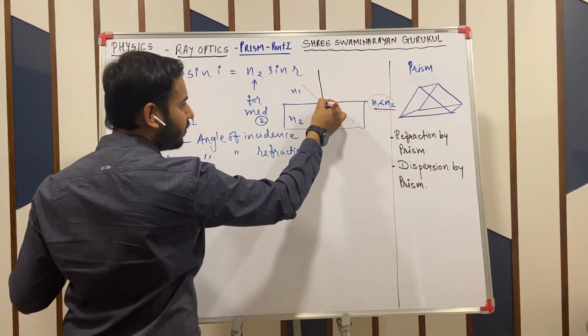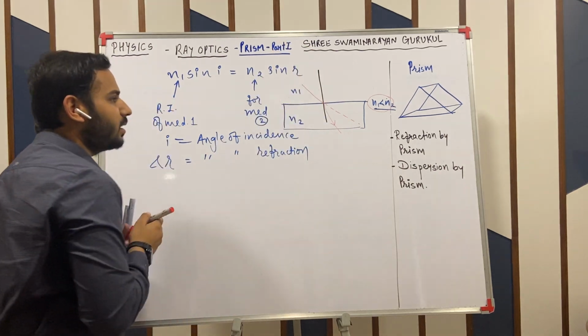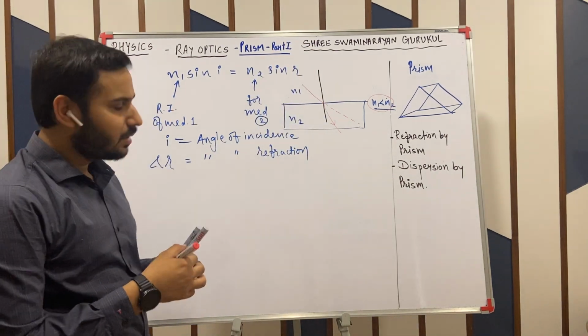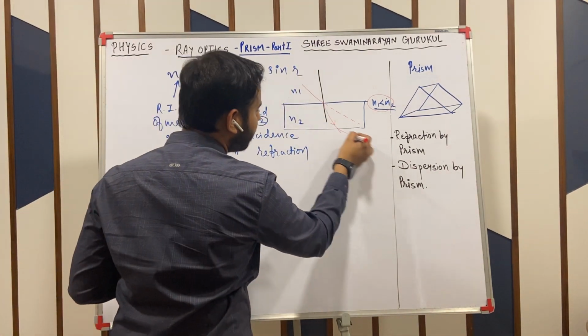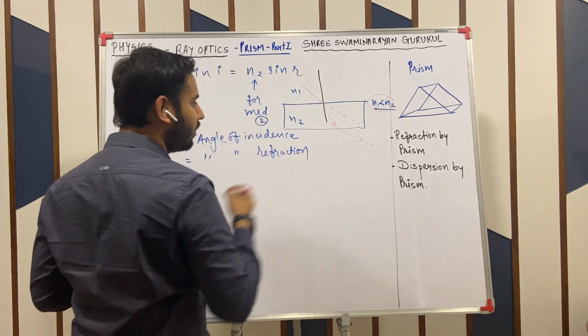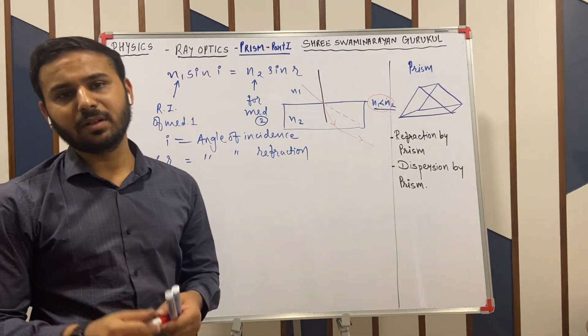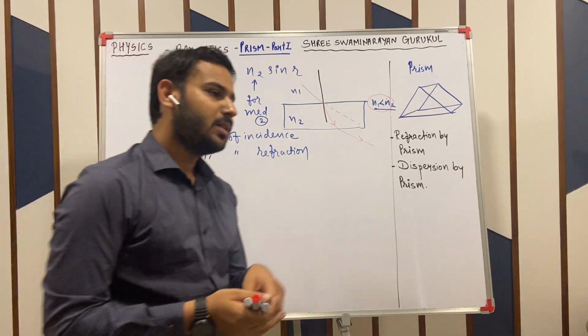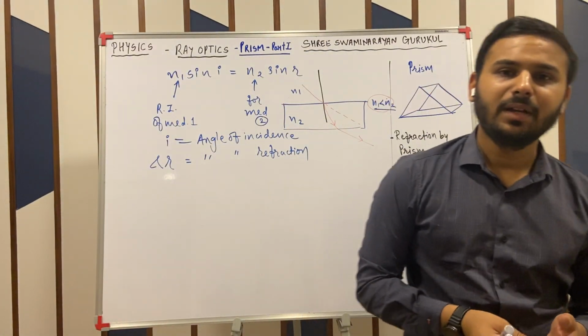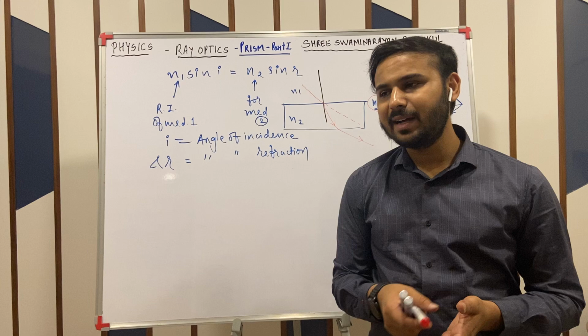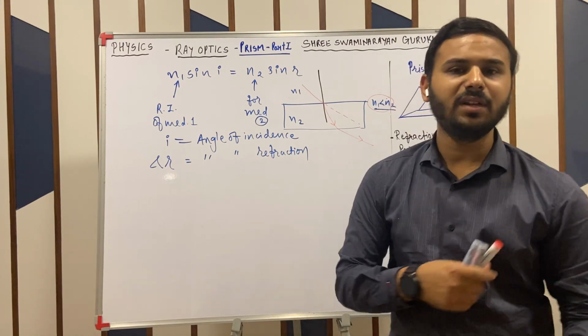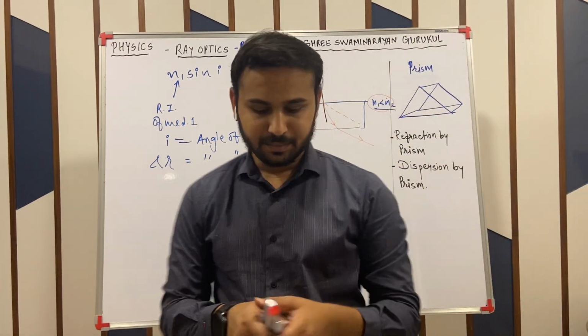As it is moving from rarer to denser, the light ray is moving towards the normal. But when it comes out from the medium, it will move away from the normal. These are the basic things about refraction. In prism, the same thing we need to follow. Right? Prism is basically made up of glass. Generally, we take the refractive index of glass as 1.5.